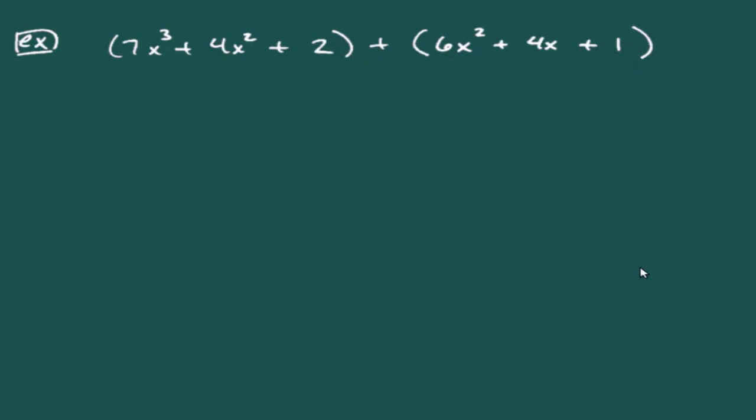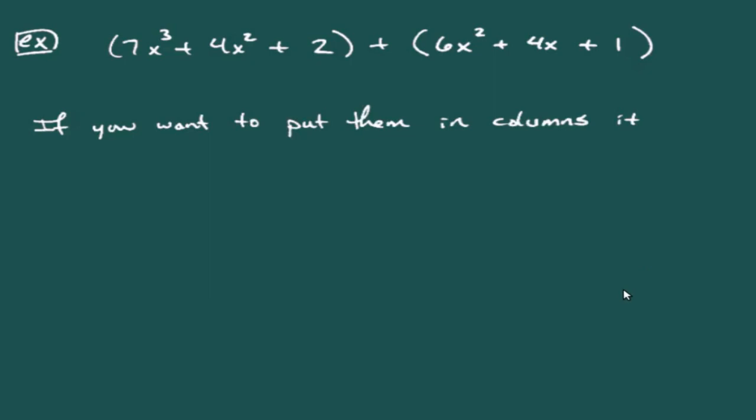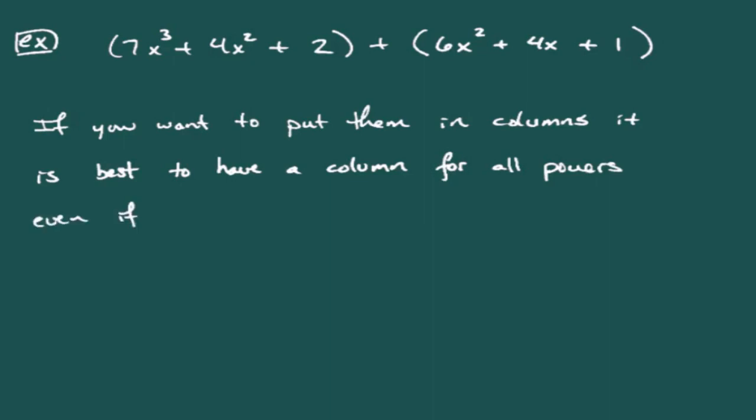If we look at that first polynomial, the 7x cubed plus 4x squared plus 2, that thing is actually missing a power of x. It doesn't have just a single x in it. It's got a third power, a second power, and no variable, but it doesn't have just a plain old x, an x to the first power in there.